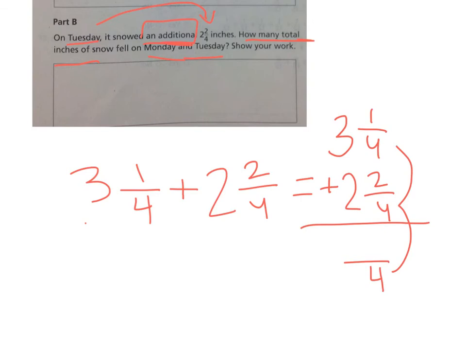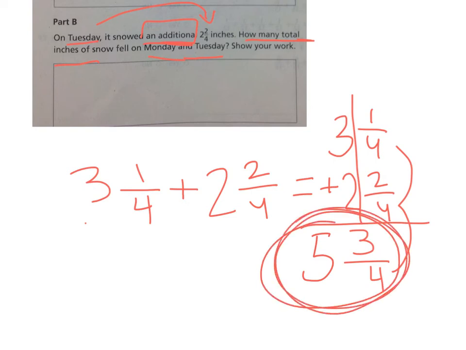So let's do 1 plus 2 equals 3. And for the whole number, it will be 3 plus 2 is 5. So the total of inches that fell on Monday and Tuesday is 5 3/4.